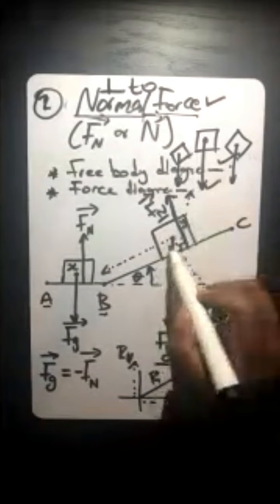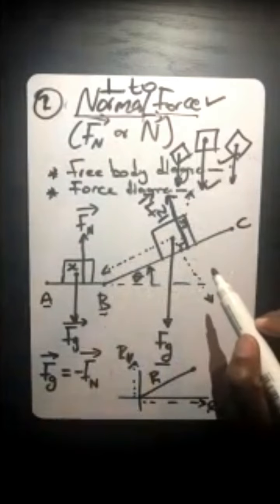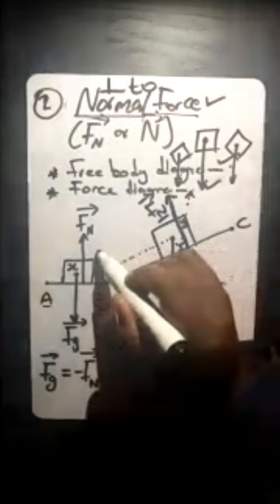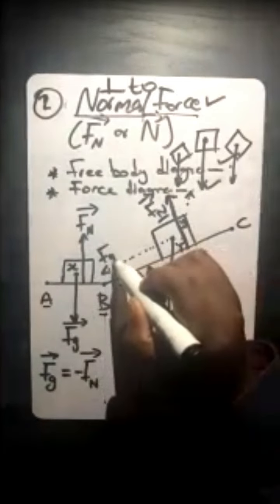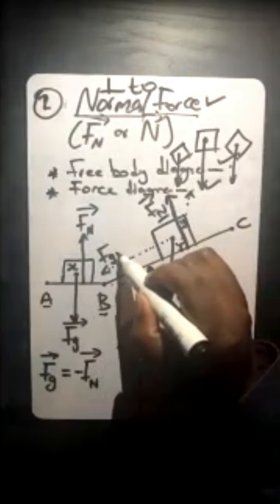I'm not sure if you guys still remember that information. So this one is what we refer to as the force of gravity parallel to the surface. It's a force that runs parallel to the surface. And this one is the force of gravity which is perpendicular to the surface.